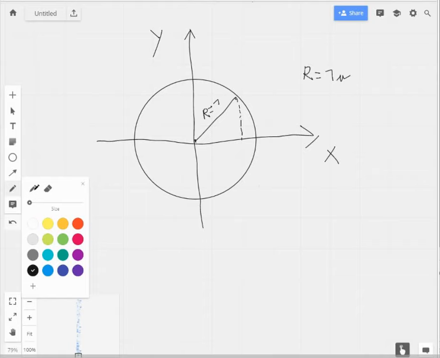Let's see, what do we get? This is an angle, let's say theta. What we get here is the cosine of theta. So this distance will be the cosine of the angle.